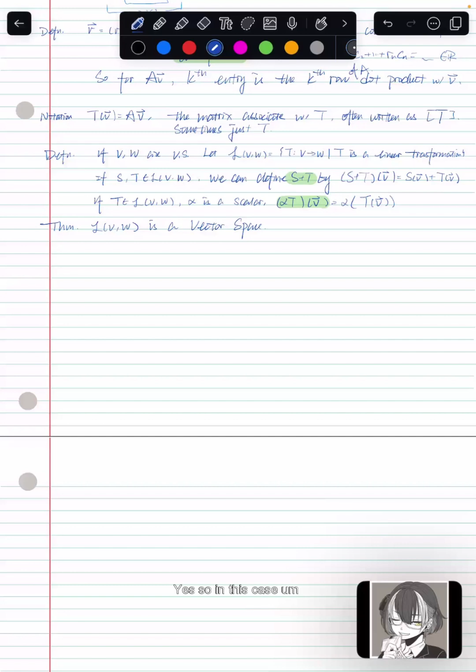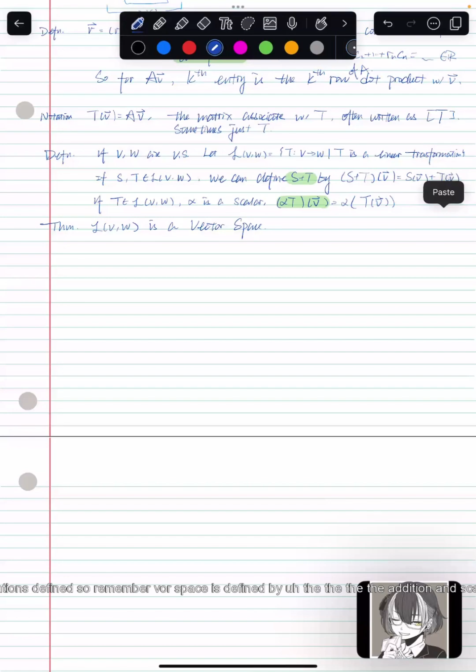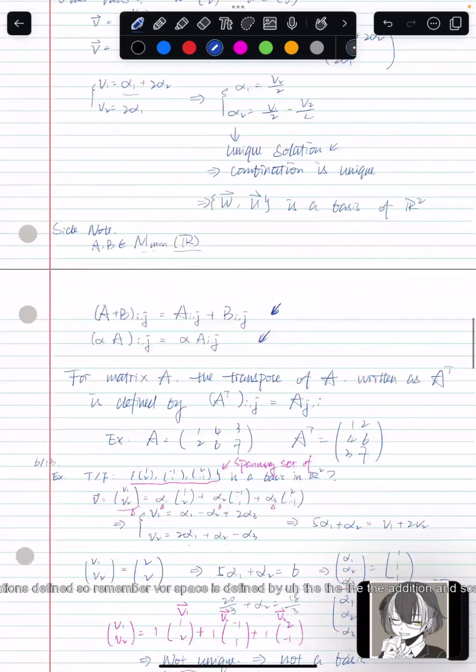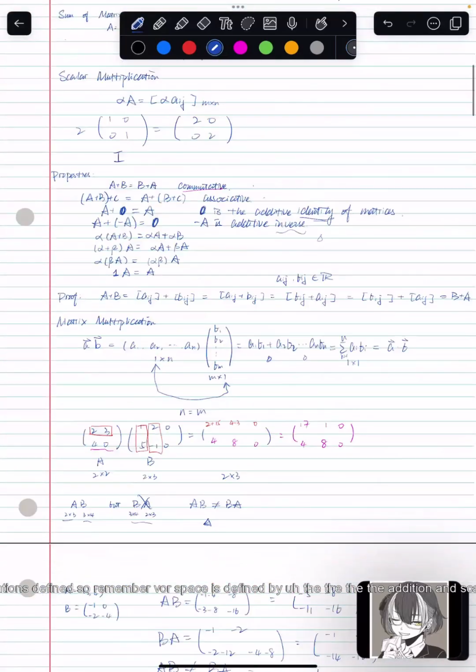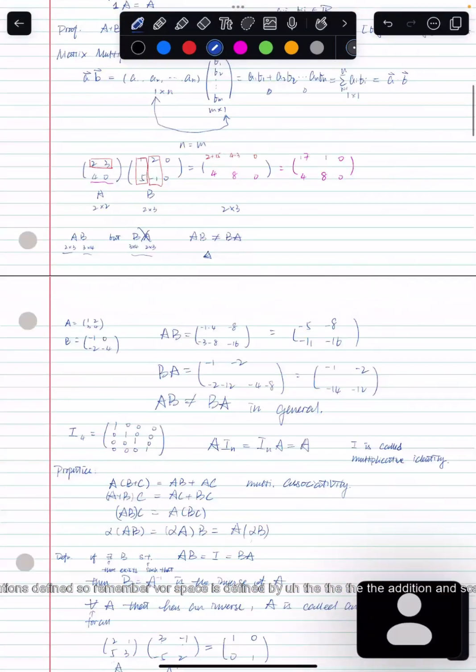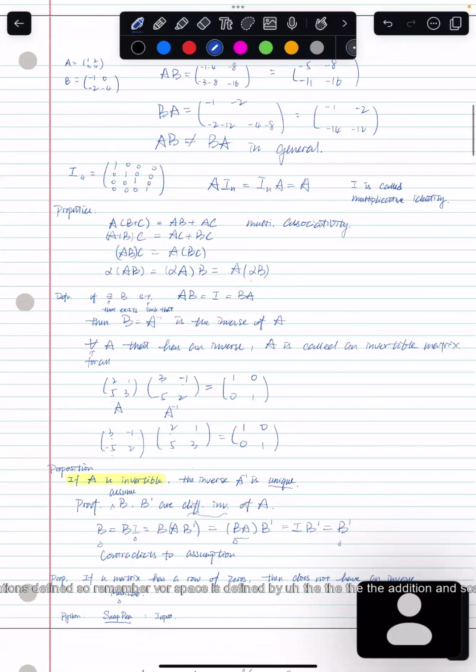Yes. In this case, if we say this L is a vector space, then this vector space includes all the linear transformations from V to W with these two operations defined. So remember, a vector space is defined by addition and scalar multiplication.